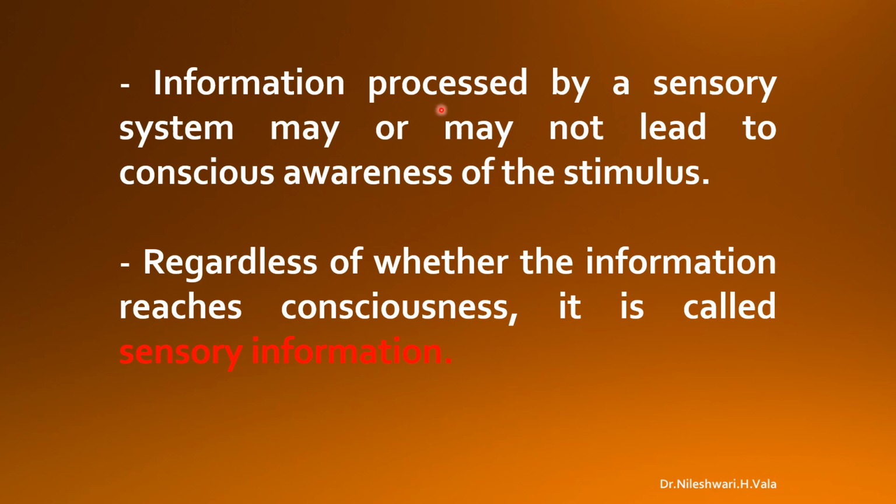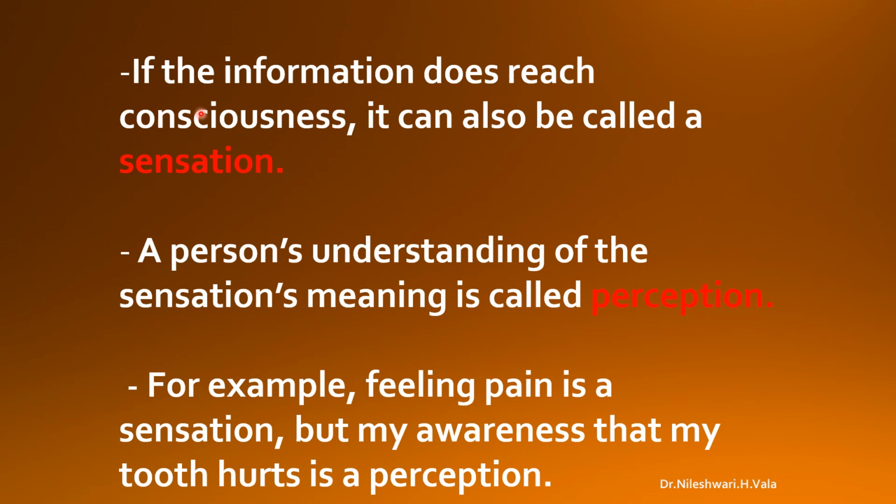Now information processed by the sensory system may or may not lead to conscious awareness of the stimulus. If the information reaches the consciousness, it is known as sensory information. But if the information does not reach the consciousness, it is known as sensation.